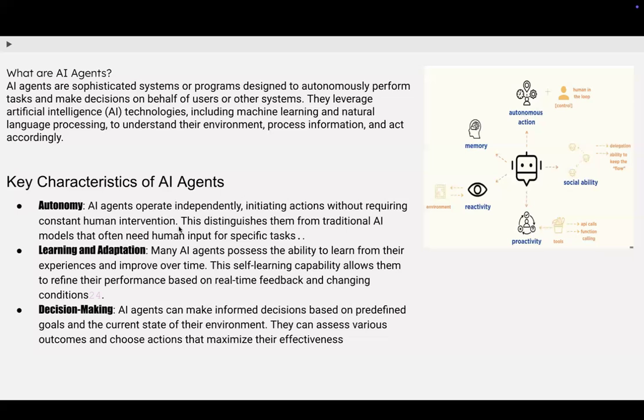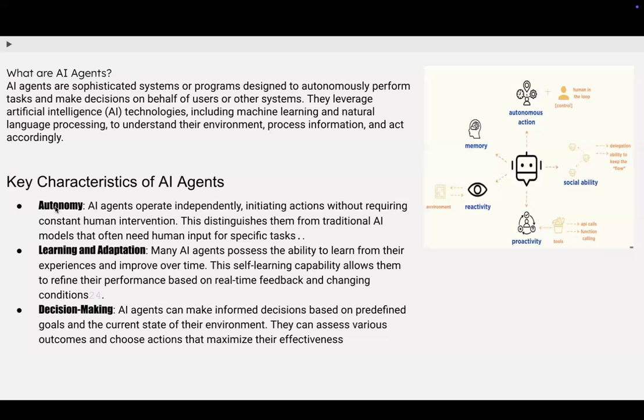They leverage artificial intelligence, including machine learning and natural language processing, and they understand their environment, process information, and act accordingly. What are the key characteristics? They are autonomous. You don't need any human intervention.